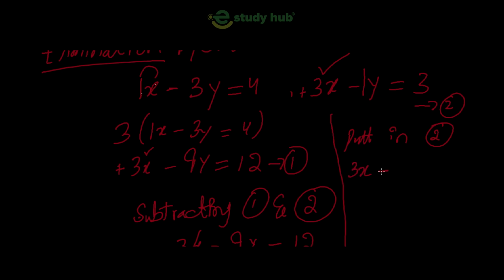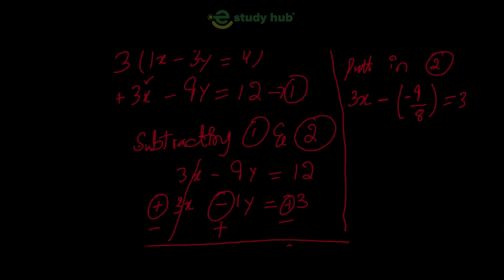So 3x will be equals to negative, and this y will be substituted with the 9 over 8, and this as a 3. So 3x, this negative makes a positive, so it will become 3x plus 9 over 8 equals to 3. Now you can see that we have to find the x, so this plus 9 over 8 will go here, it will become negative 9 over 8.